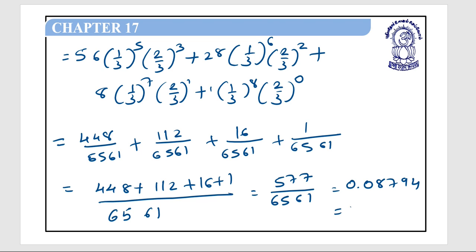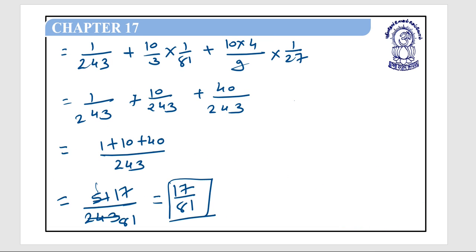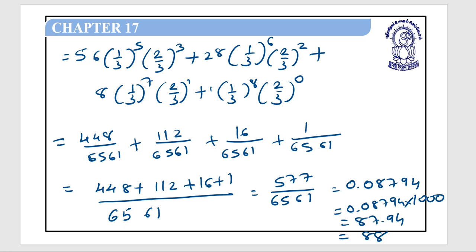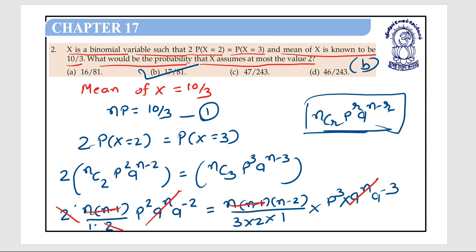So that is 0.08794 multiplied by 1000 is equal to 87.94, approximately 88. So here the right answer is 88.